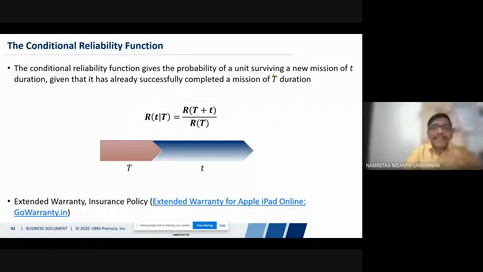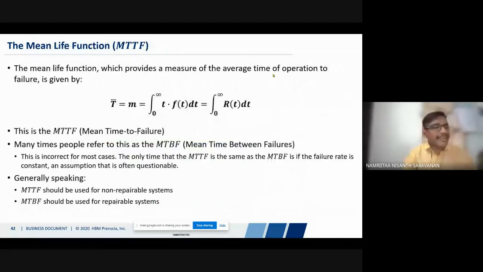Mean life. This is another metric in reliability. What is the average life of the product? On average, what is the life? This is called mean time to failure. Somebody refers to it as mean time between failure. So both have the same meaning. Mean time to failure is for the non-repairable component. Mean time between failure is for the repairable system.